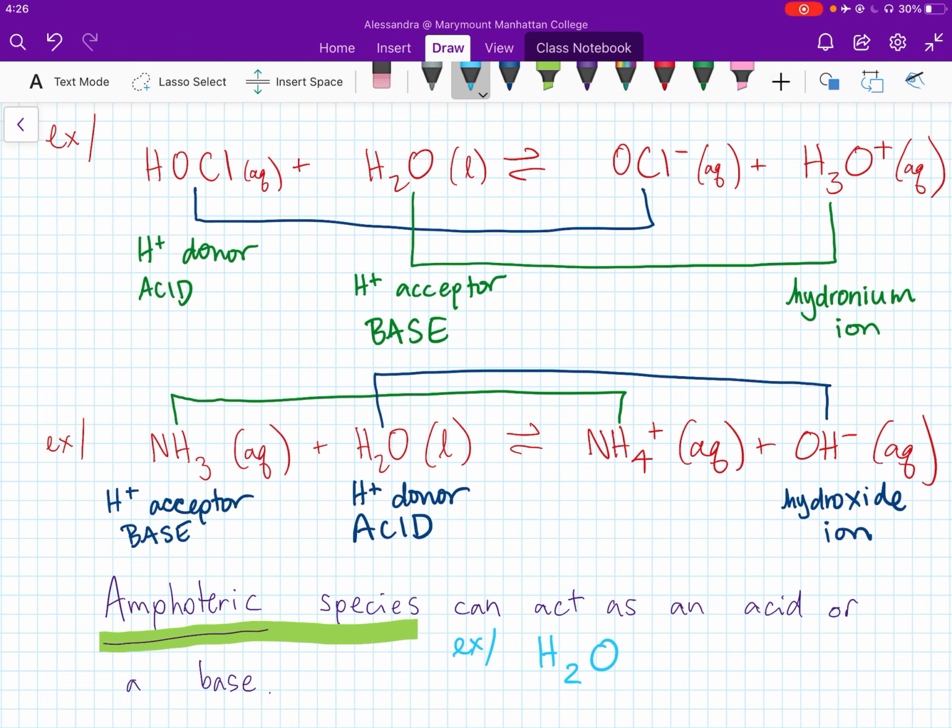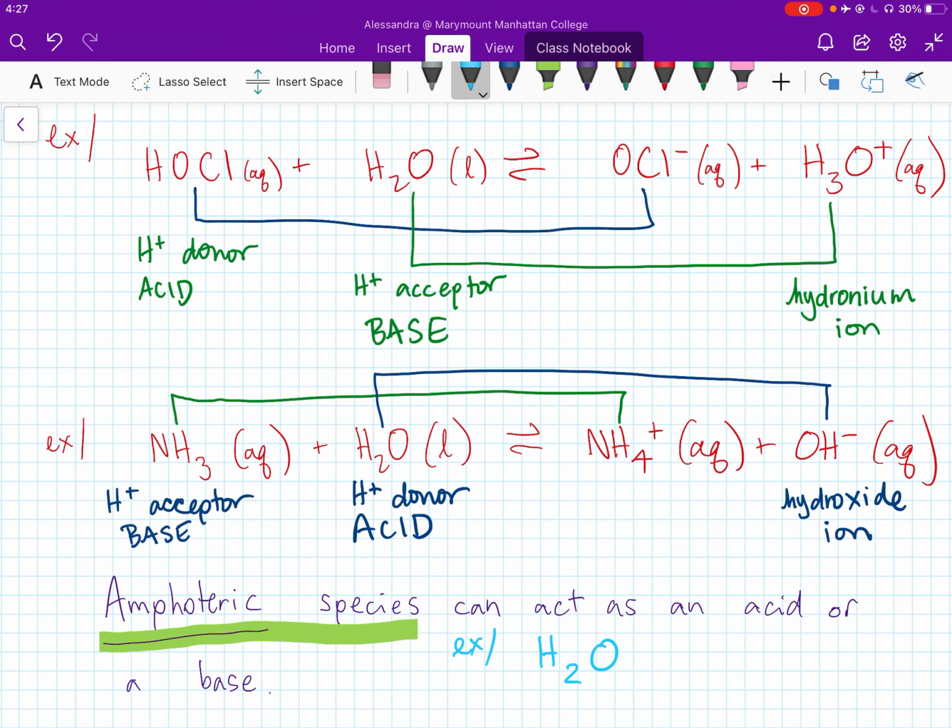If water interacts with a species that is more acidic than it, then it'll act as a base. If water interacts with a species that is more basic than it, it will act as an acid, as we saw in these two examples. Water isn't the only amphoteric species, but it is one of them.